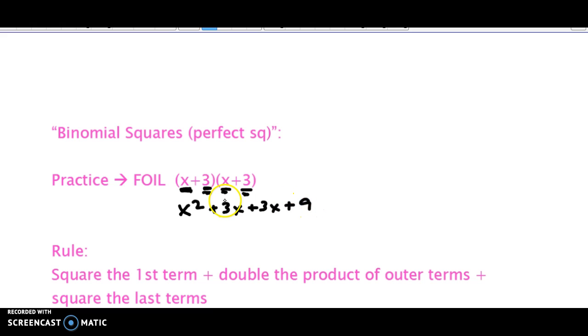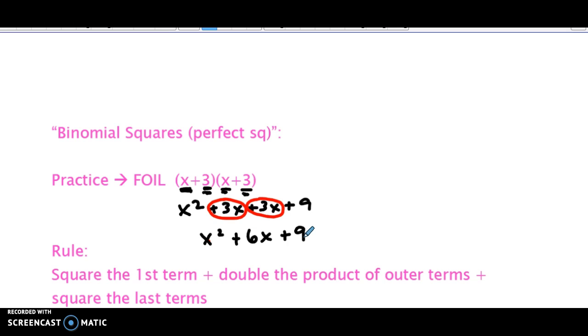So now I can come through and clean up by combining my like terms and simplify this to x squared plus 6x plus 9. That's how we learned to multiply this using our FOIL method.